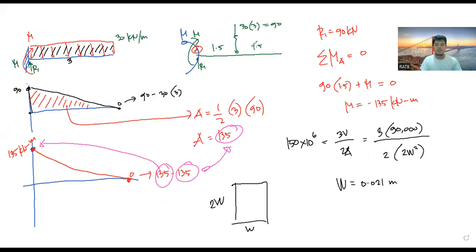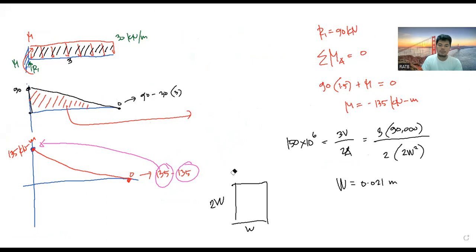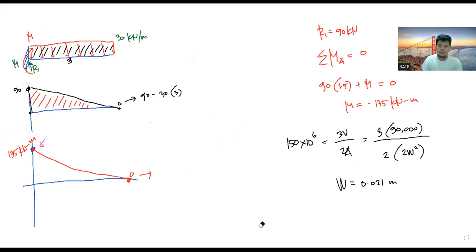If we consider the maximum bending stress, SB max is MC over I. M here is 135,000.